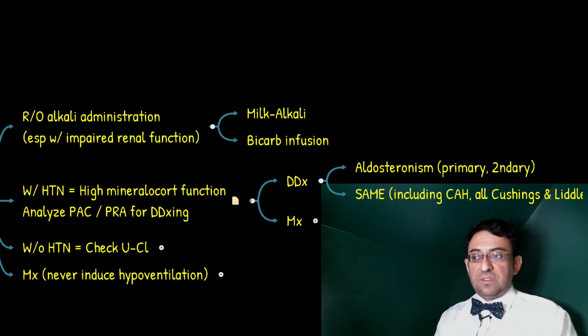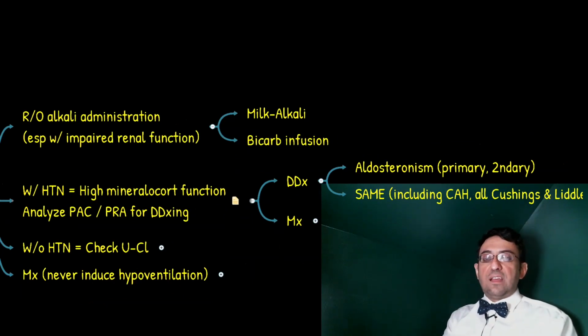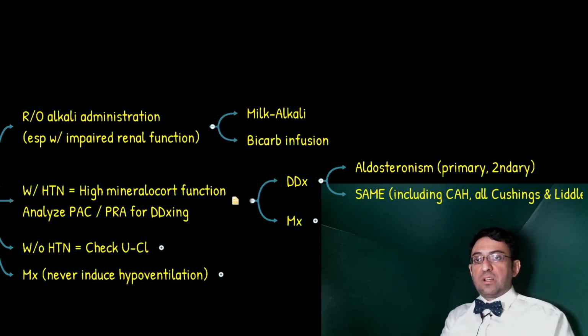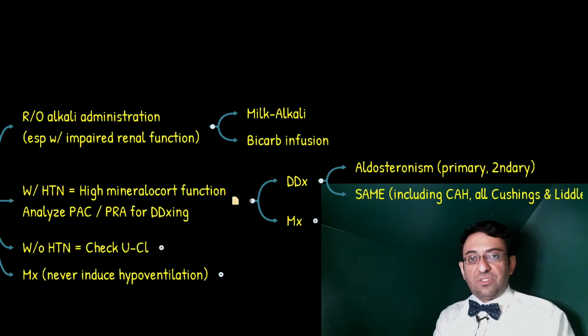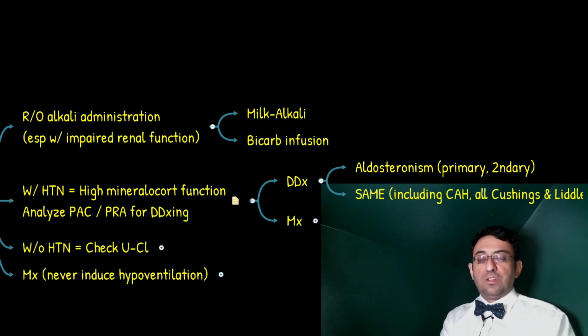Next case, if the results of adrenal CT and MRI are equivocal in the previous case with metabolic alkalosis and increased PAC to PRA ratio, what's the next step? In the equivocal imaging, the next step is adrenal venous sampling to rule out primary aldosteronism.